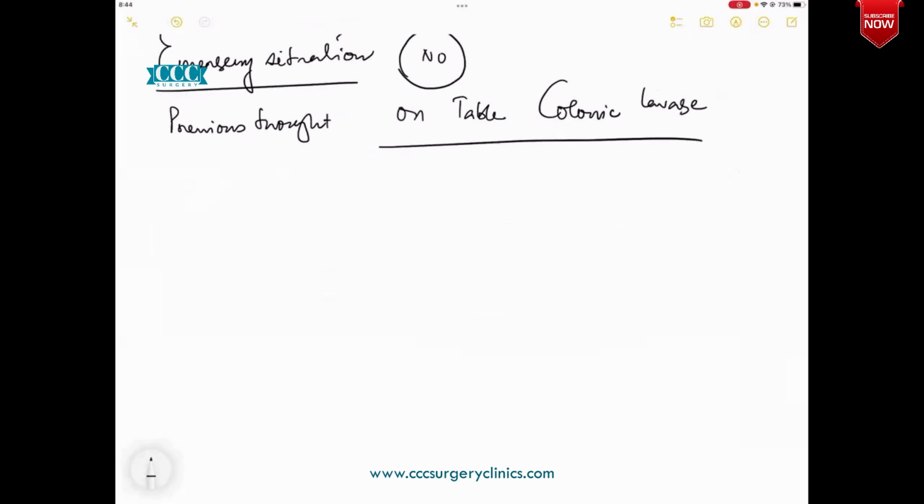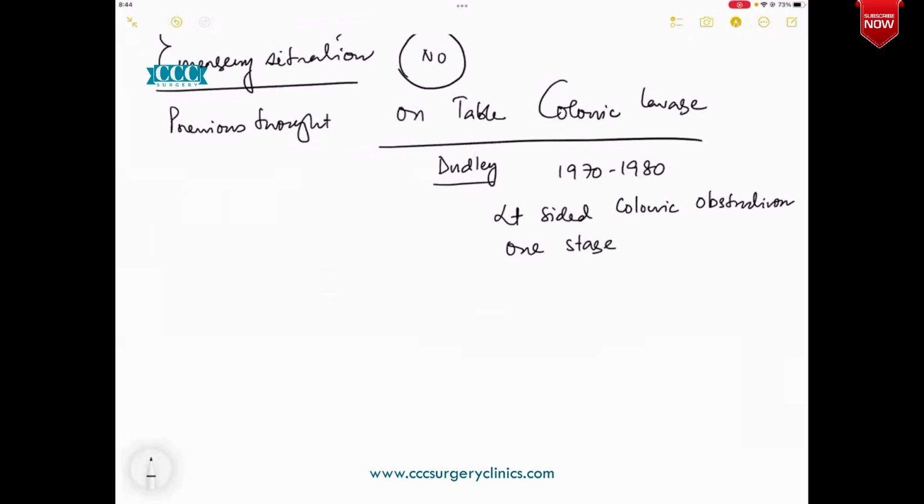On-table colonic lavage was popularized by a gentleman called Dudley in around the 1970s to 1980s, only for a left-sided colonic obstruction, in which you are planning to do a one-stage procedure. What do you mean by a one-stage procedure?